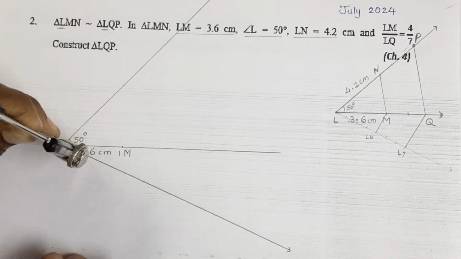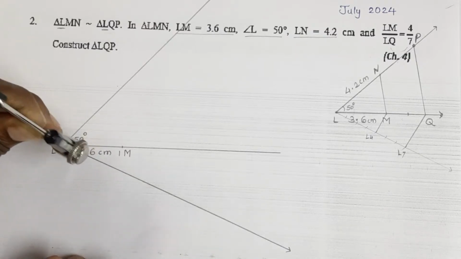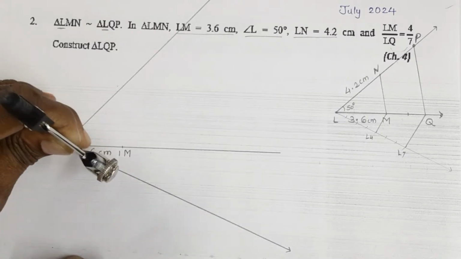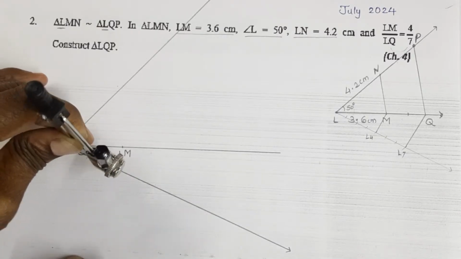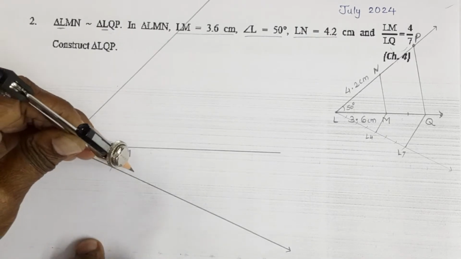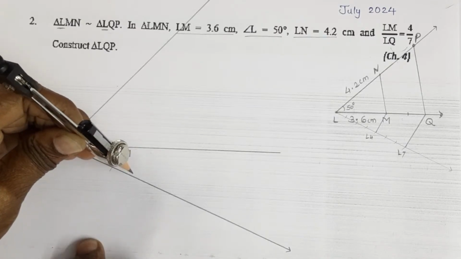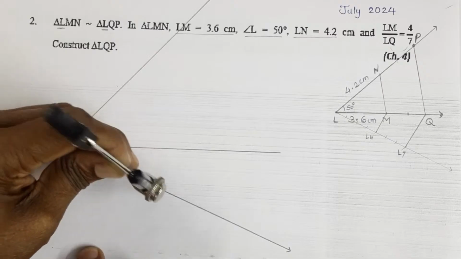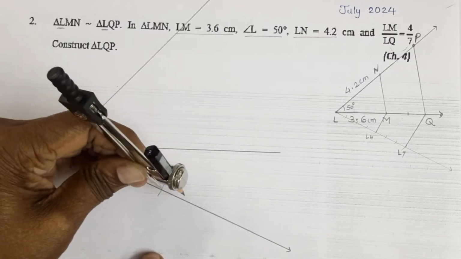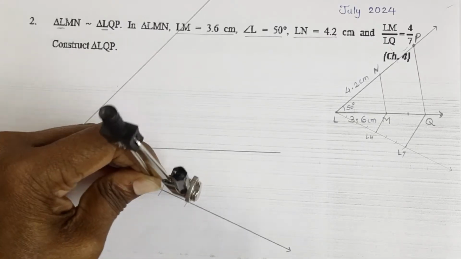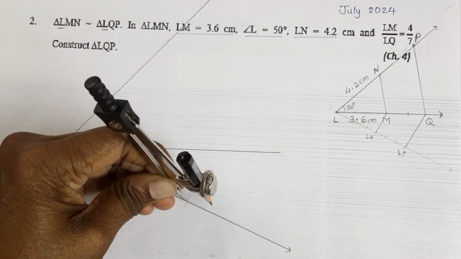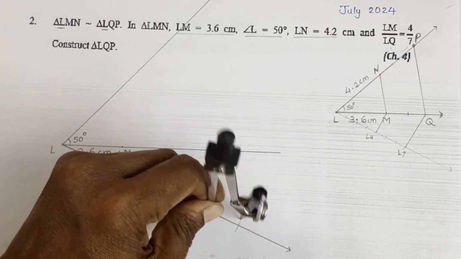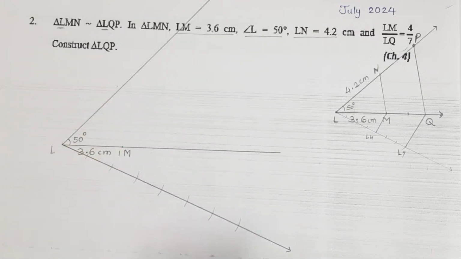So taking this distance 1, this will be the greatest one, then 2, 3, 4, 5, 6, and then 7, marking in such a way.